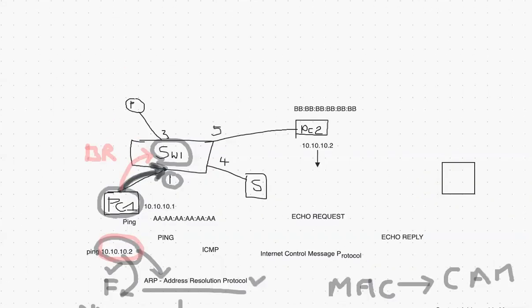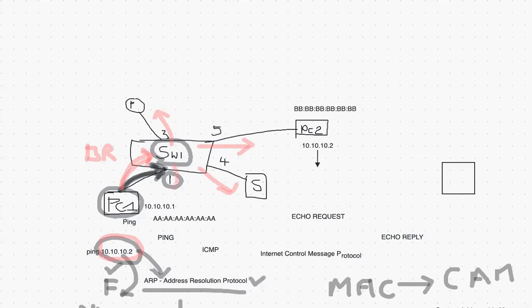So this first frame sent by PC1 is now received by switch 1, and it will be sent to the printer on port 2, port 5 on PC2, and port 4 on the server, except the port it was received from.